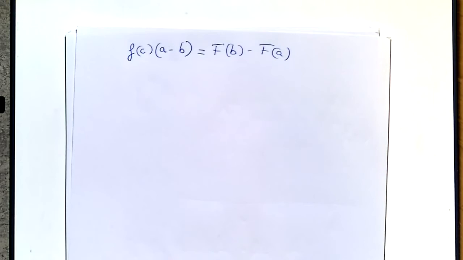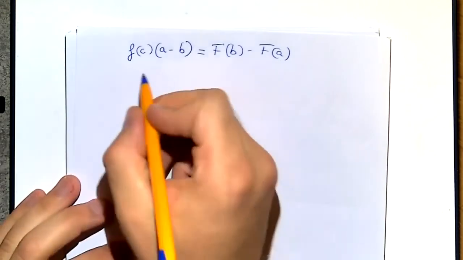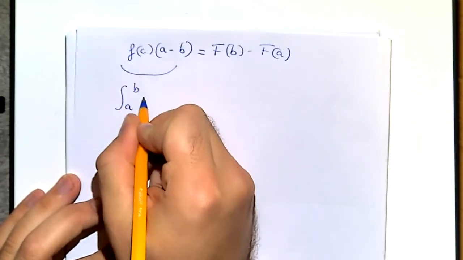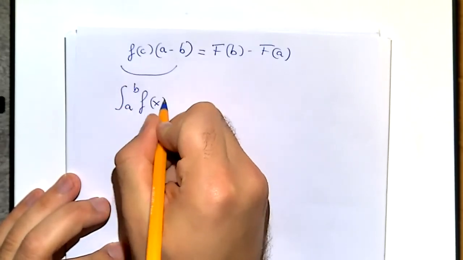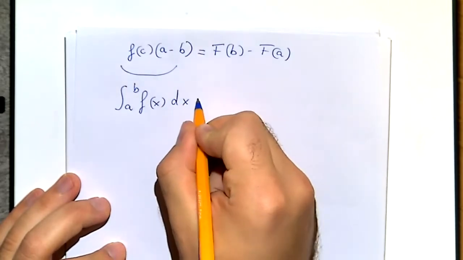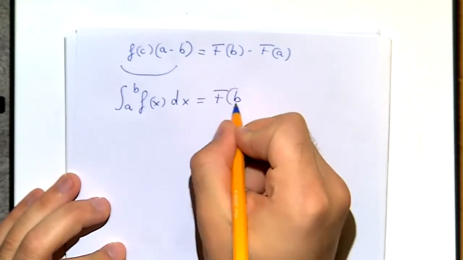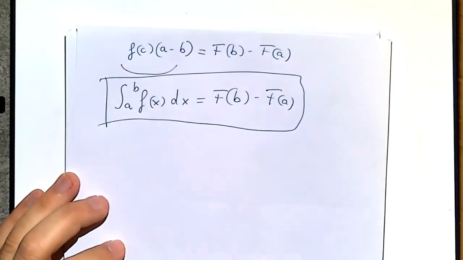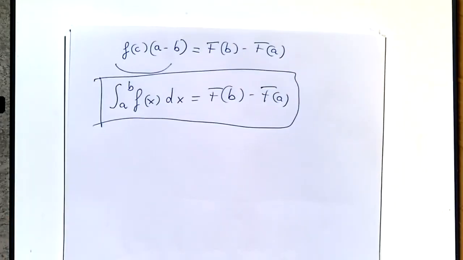It's just for you to understand that this comes from the intermediate value theorem. But what was my f of c times a minus b? This was the integral from a to b of f of x dx. So this is equal to F of b minus F of a. And this is the formula you're actually going to use. This is what you need to memorize. When you're solving stuff, this is what we're going to be using.